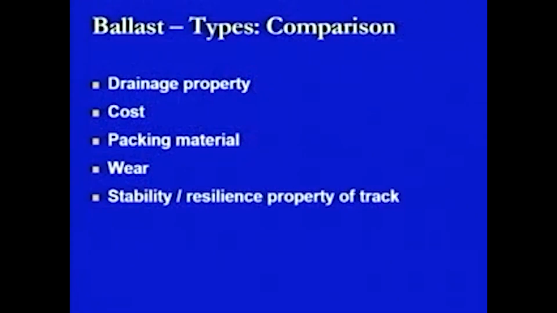Then another aspect is the stability or resilience property of the track. In all of the conditions, the resilience property of the track is available, whatever material we are using, as discussed for the materials already covered here. As far as stability is concerned, it is going to be a little more in the case of those materials which have higher strength properties as compared to the other materials.